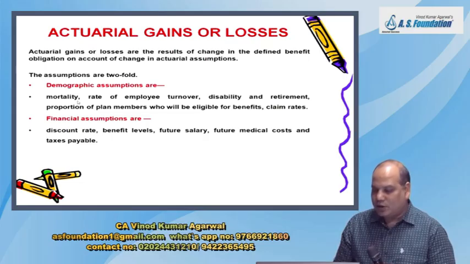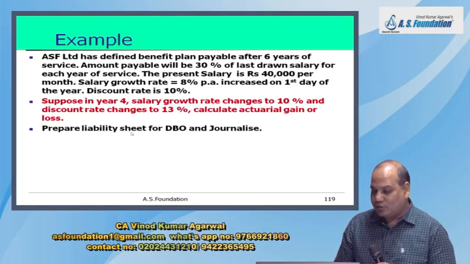Demographic assumptions are related to mortality, employee turnover, disability and retirement, proportion of plan members who will be eligible for benefits, claim rates. And financial assumptions, basically financial items like discount rate, benefit, future salary, future medical cost, taxes, okay, salary growth rate, etc.